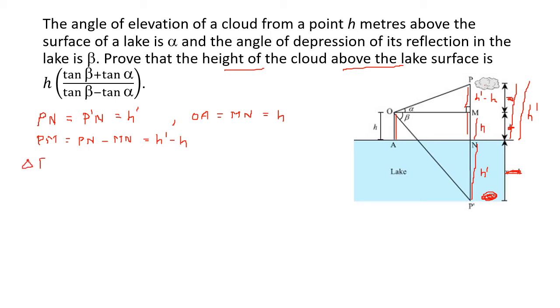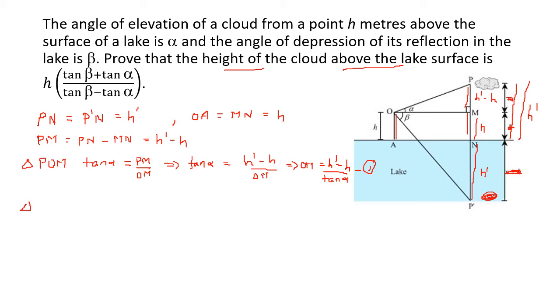We take triangle POM, in which tan alpha equal to opposite PM upon OM, which implies tan alpha equal to PM. What is PM? H prime minus h upon OM, or this implies OM equal to h prime minus h upon tan alpha. Let me call this equation 1.